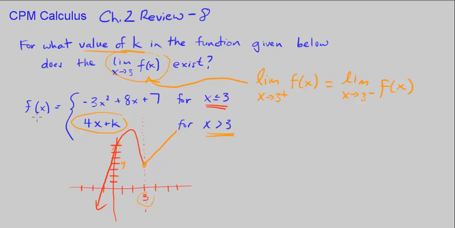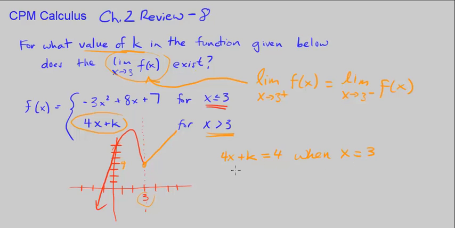So when we plug in 4x plus k, we know this has to approach 4 when x is equal to 3.